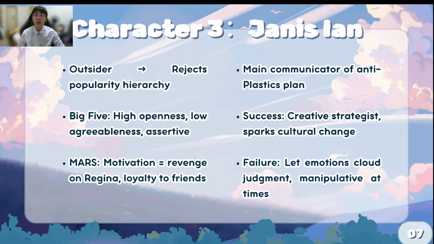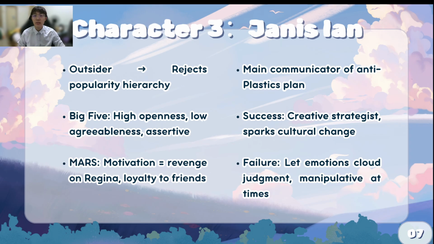She is in charge of making the plans, getting Kelly to join, and telling the group what to do. As a creative planner, she has the most success by exposing Regina through the Burn Book and other means. She helped change the school culture and make the Plastics less powerful.